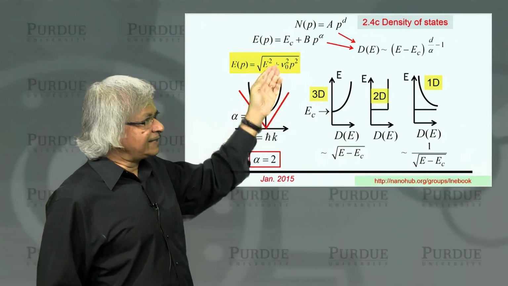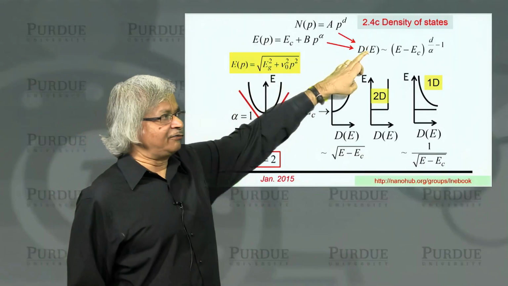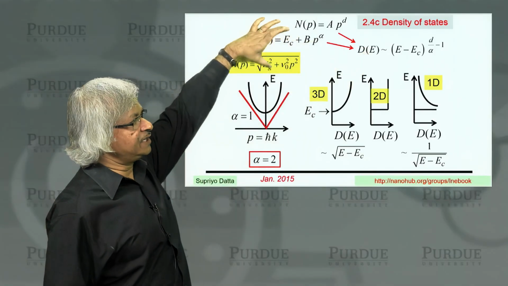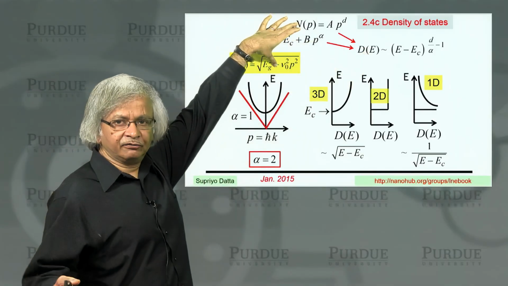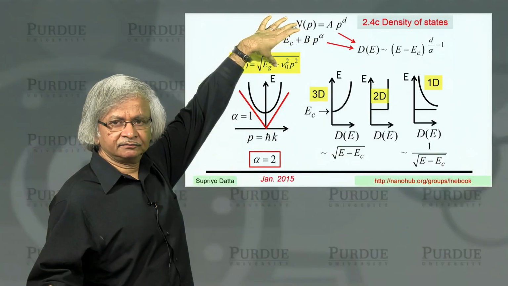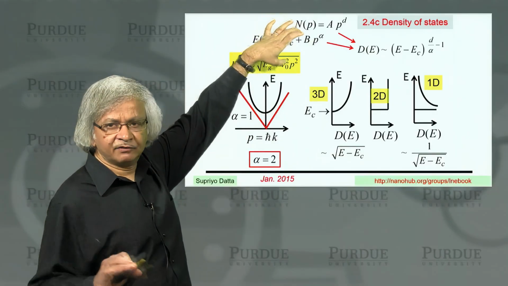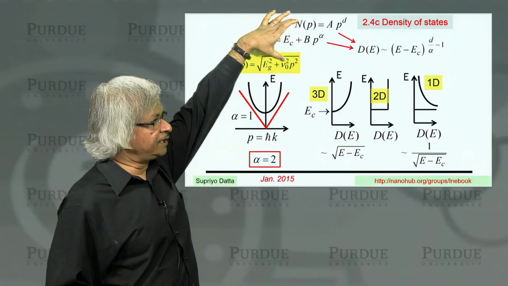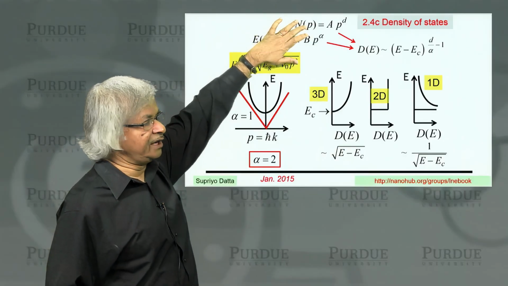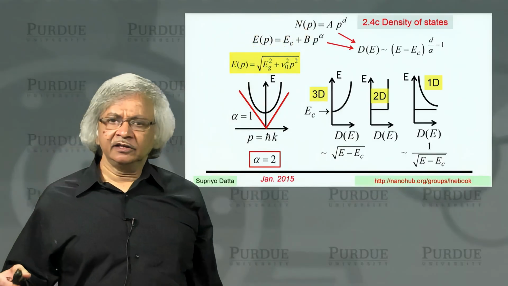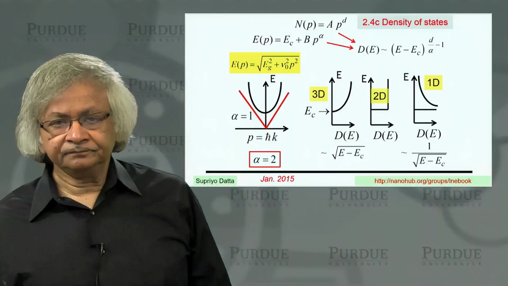Well, in that case, of course, you couldn't use that formula. You'd have to take this E and that N, find N of E, and then take its derivative. It would require some algebra to get there, but the principle is very straightforward: take the N, take the E, eliminate P, get an N of E, and then take its derivative.